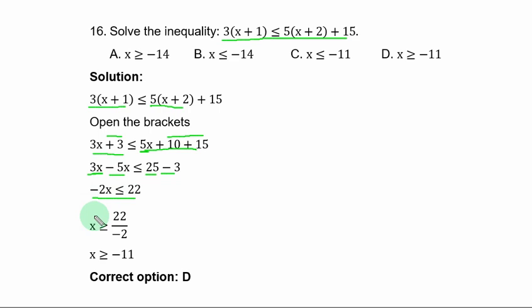Because you are dividing both sides by minus 2, the symbol of inequality changes. So s is greater than or equal to 22 over minus 2. So s is greater than or equal to minus 11. D is the correct option.